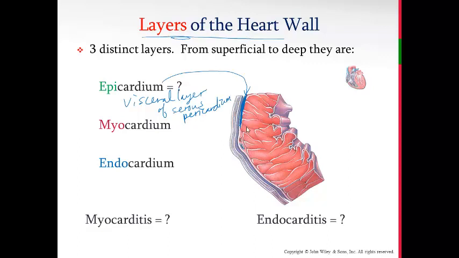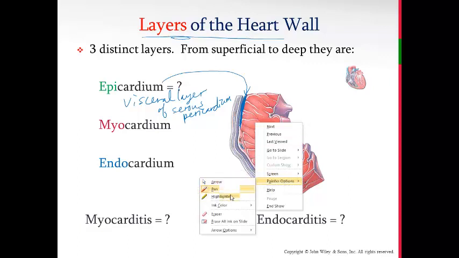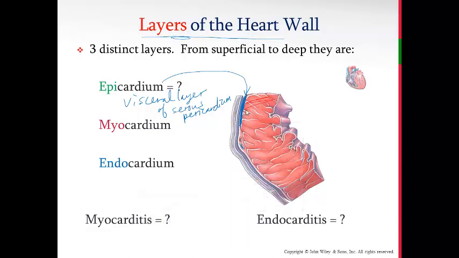And now between them, right over here, if I could change my color again to red, here is your middle layer that's taken up mostly by muscle cells. So here is our middle layer, the myocardium. It's 95% muscle cells, and you'll see that reflected in the naming of it.